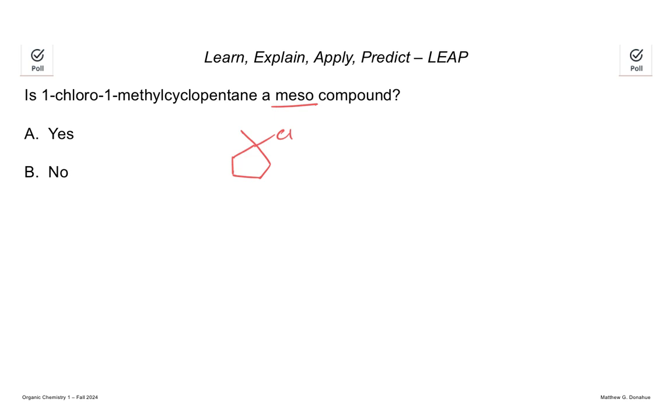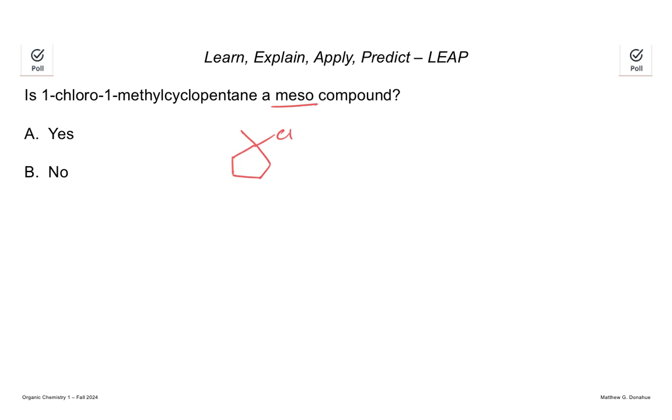So there's 1-chloro-1-methylcyclopentane. Do you remember what a meso compound is? So that's one criterion, but there's probably two more.